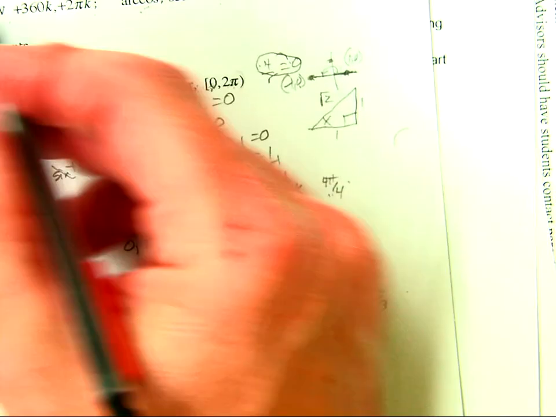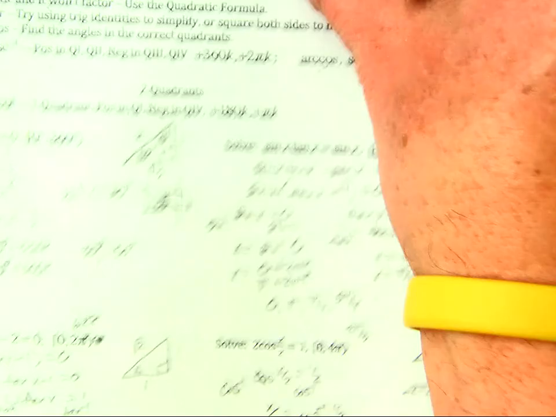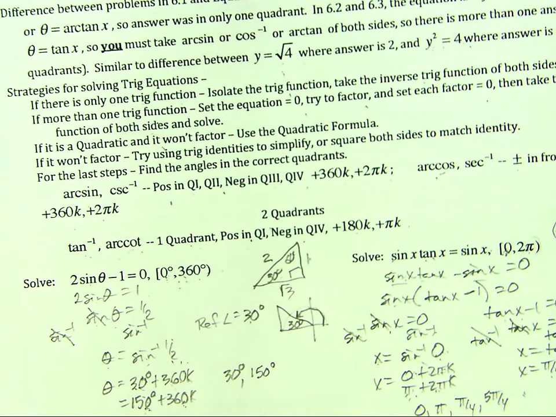So on these, you want to follow these steps that are up here. What to do if there's a single trig function: isolate the trig function, do the inverse trig function, solve it, find what fits. If there's more than one, get it equal to 0, see if you can factor it. If it won't factor, if it's a quadratic, try the quadratic equation.